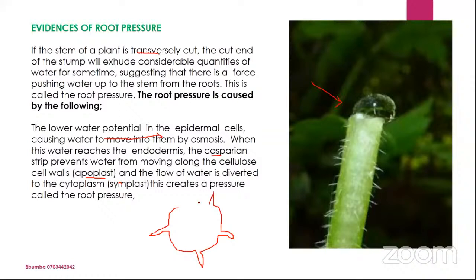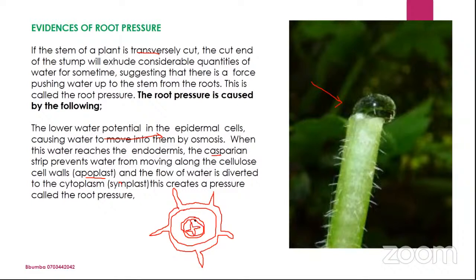When you look at the transverse section through the root of a dicot, it has an epidermis, and then it has the cortex, which I can't draw because I'm drawing a tissue plan. Then it has an endodermis, a pericycle, and then the star-shaped xylem.